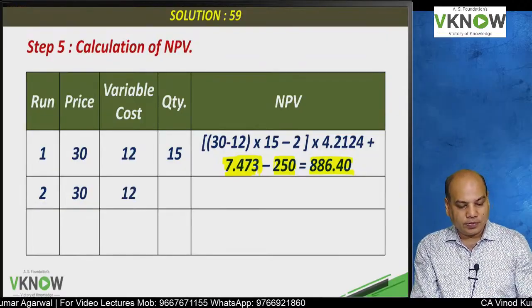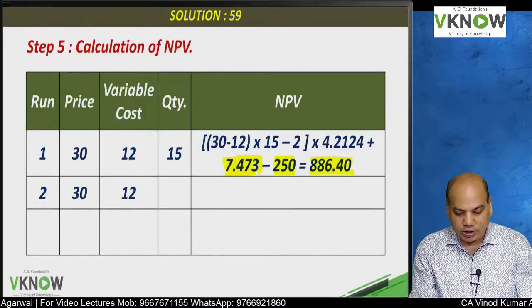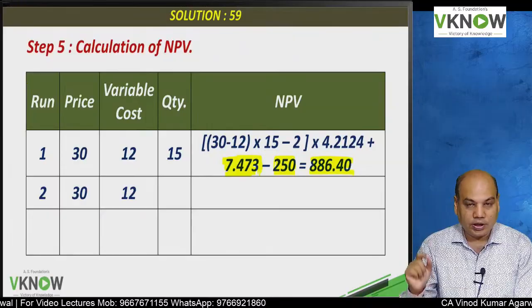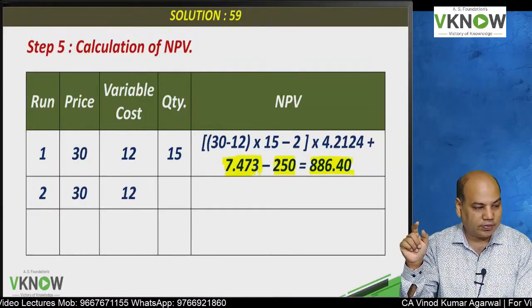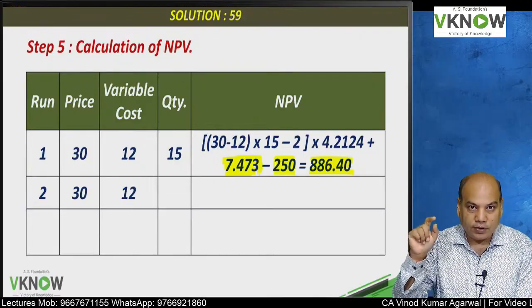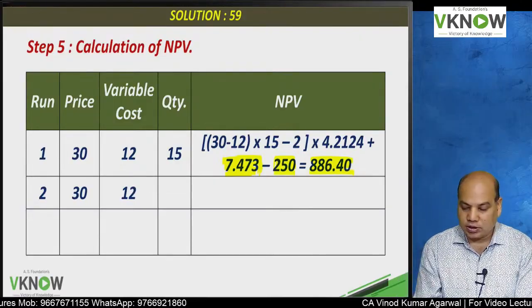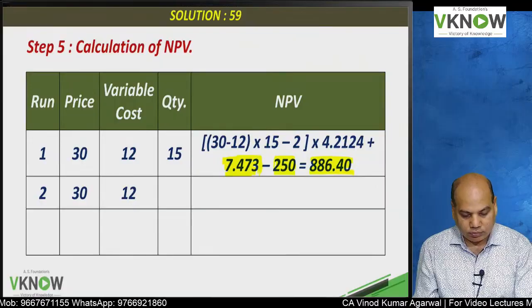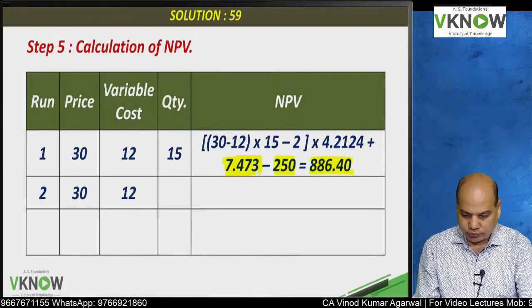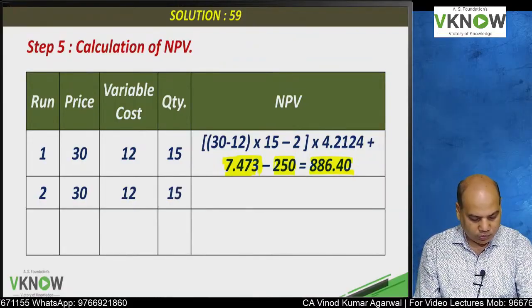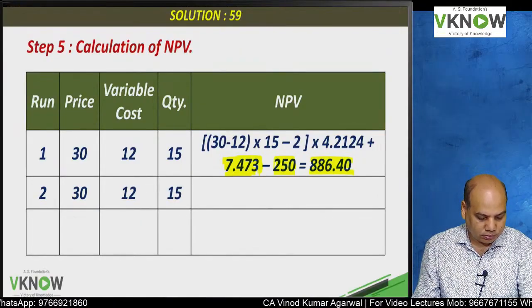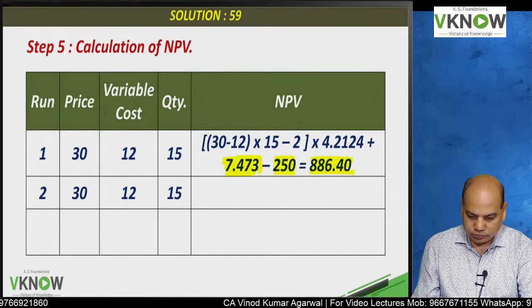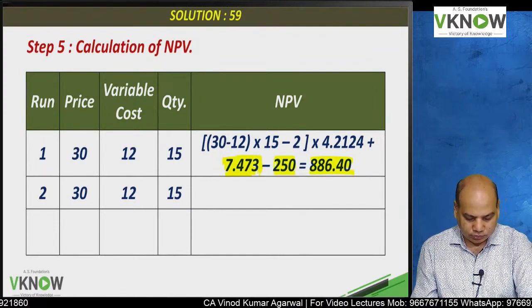Once again, random number for quantity is 99. 99 will fall in the last class interval 65 to 99. For 65 to 99 quantity is 15.